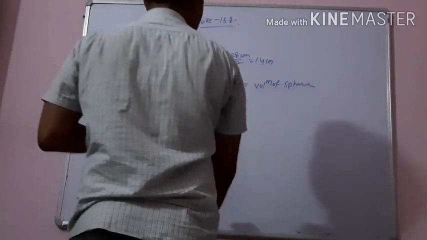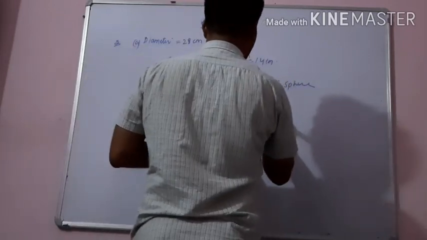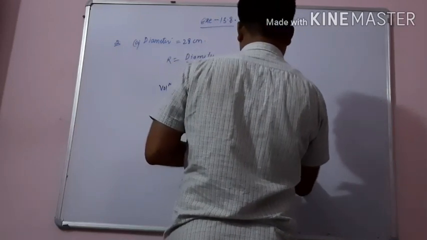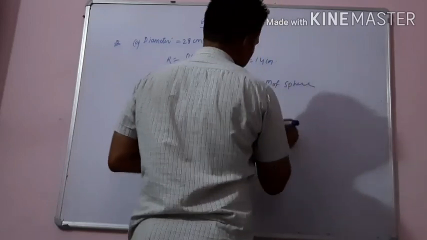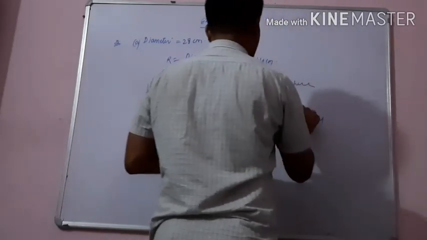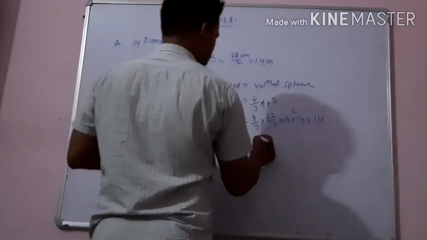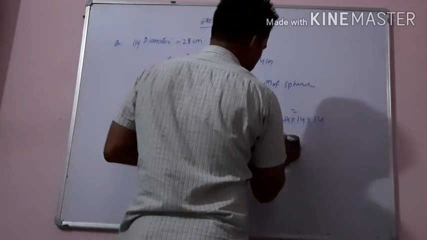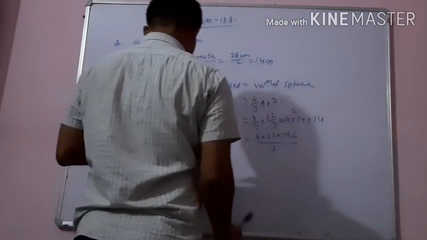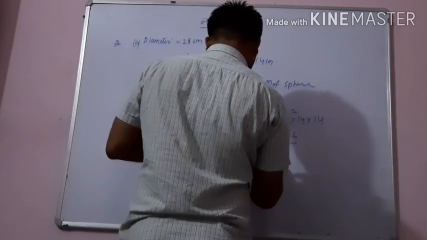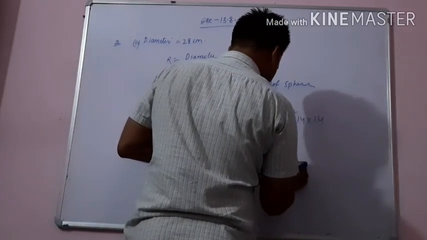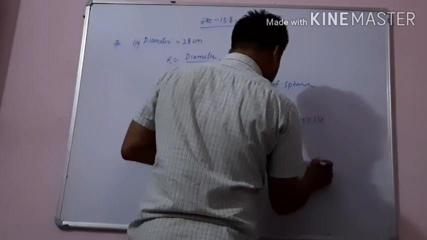So volume of a sphere will be 4 upon 3 pi r cube, that is 4 upon 3 multiply 22 upon 7 into 14 into 14 into 14. Cancel out 2. 8 into 22 into 196 upon 3 will be equal to 1148.66 centimeter cube.